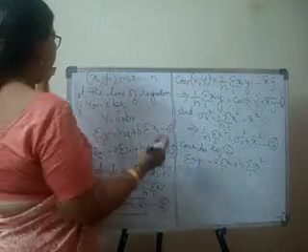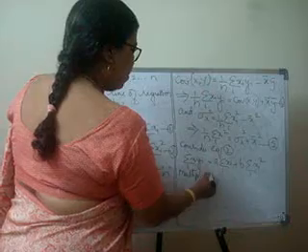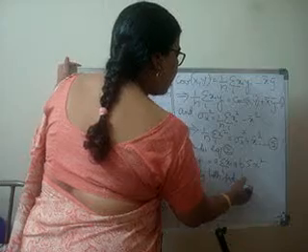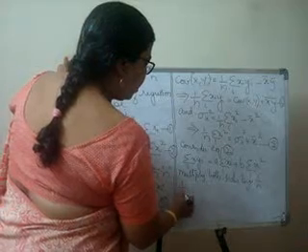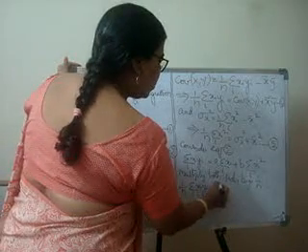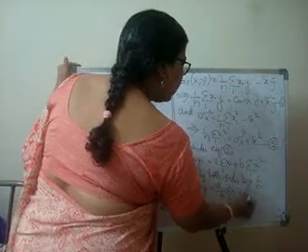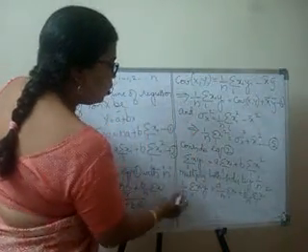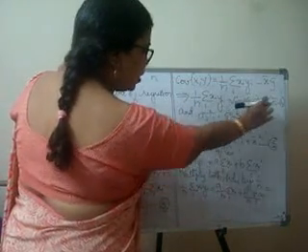What do we get? 1 by n summation over i xi yi is equal to a by n summation over i xi plus b by n summation over i xi square. Now what is 1 by n summation over i xi yi? It would be that.